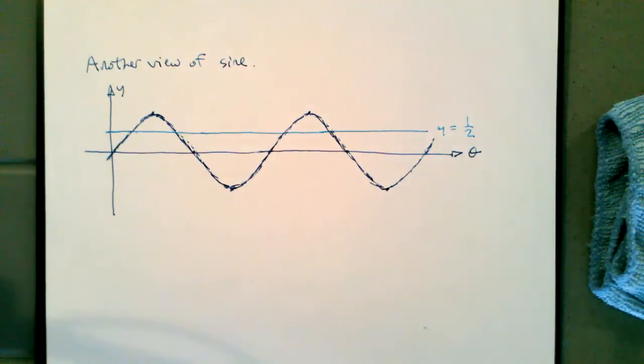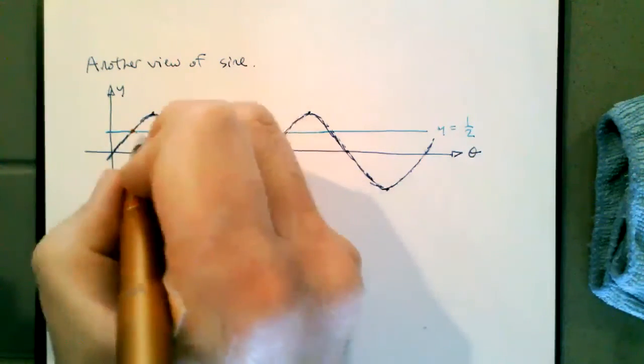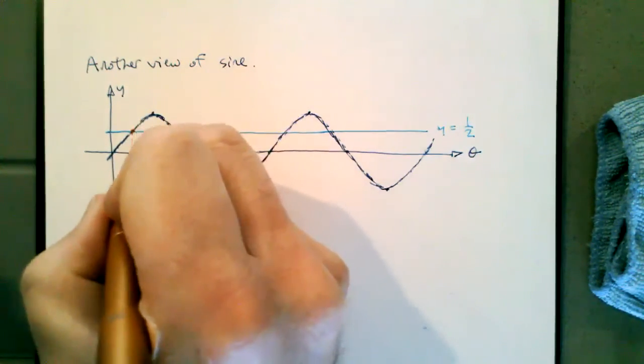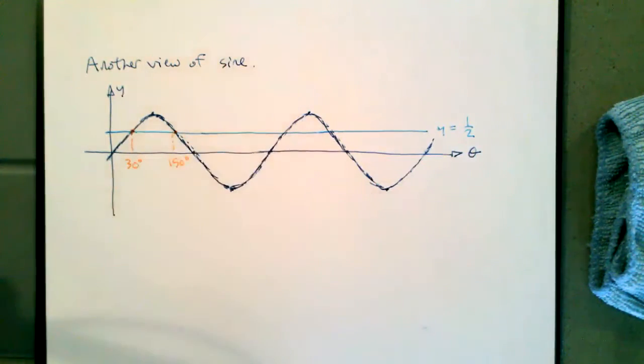So we see the first two that we found between 0 and 360. Here's our 30 degrees and our 150 degrees in the first and second quadrants where sine is positive.